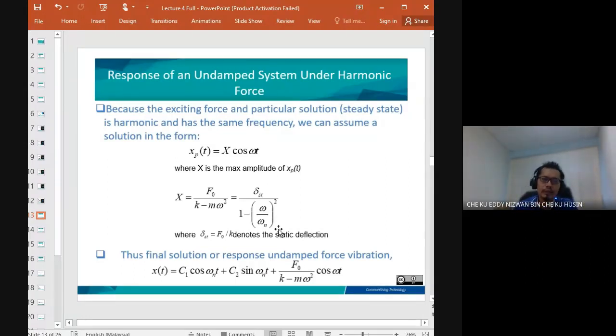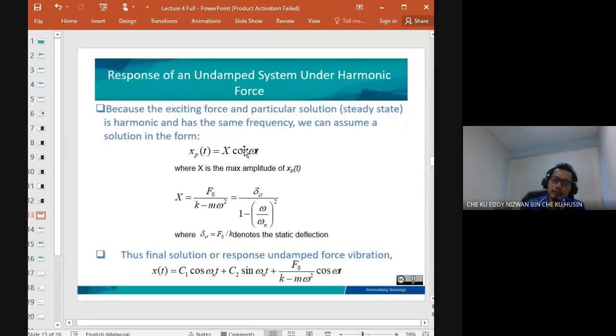Okay, back again to the excitation. Based on this formula, we know that for the particular response, XP refers to the particular solution, or particular response, or steady state, which is equivalent to X cos omega t.